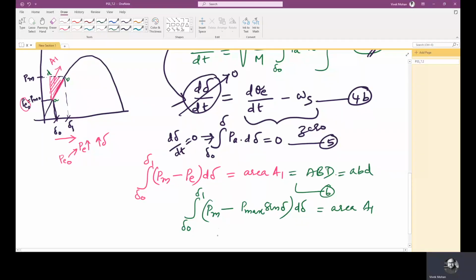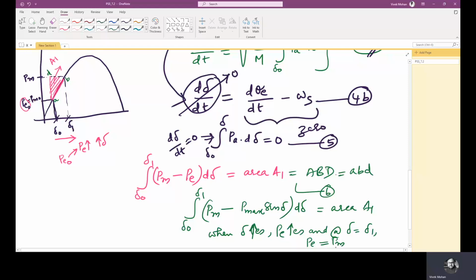Now when δ increases, Pe also increases, and at δ equals δ1, Pe equals Pm.